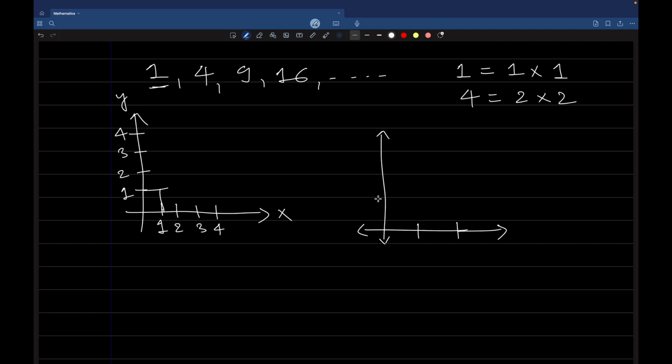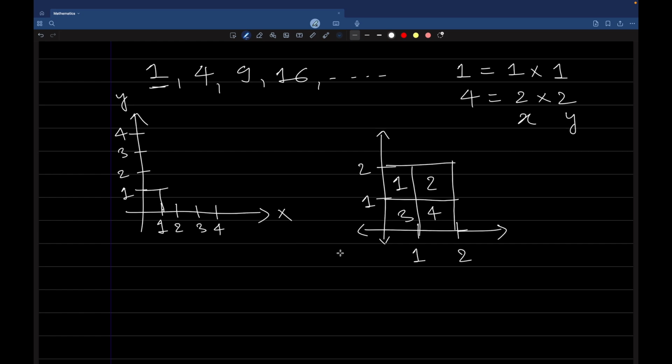Take 2 boxes, this is 1, 2, 1, 2, that is 2 in each direction, x and y. You will get 4, that is 1, 2, 3, 4, 4 as the answer.